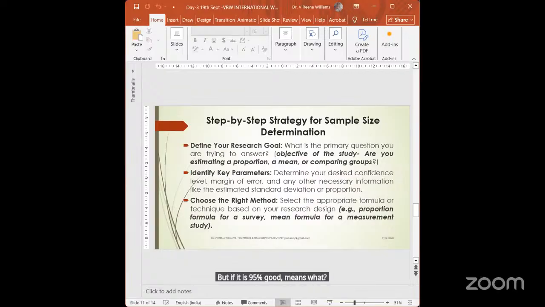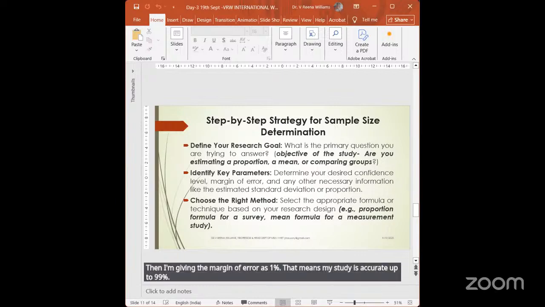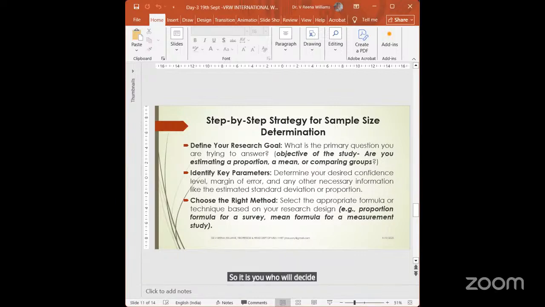Out of 100 times, 95% is giving me the right answer, the same answer. 5% I'm giving as the margin of error. If I keep it as 99%, then I'm giving the margin of error as 1%. That means my study is accurate up to 99%. So it is you who will decide what percentage of satisfaction you want in your study.